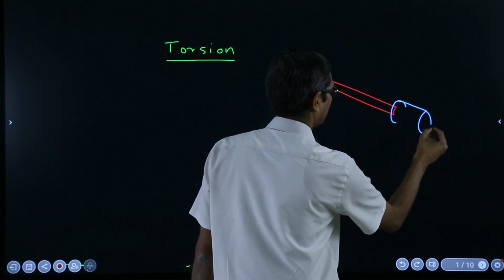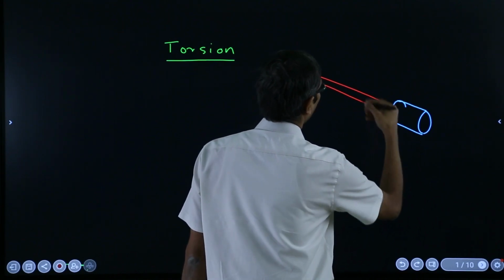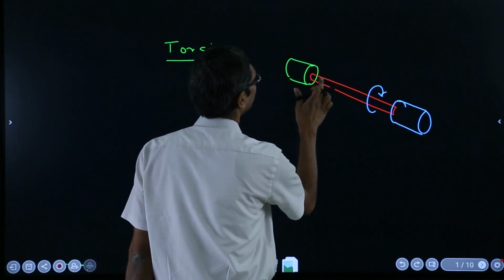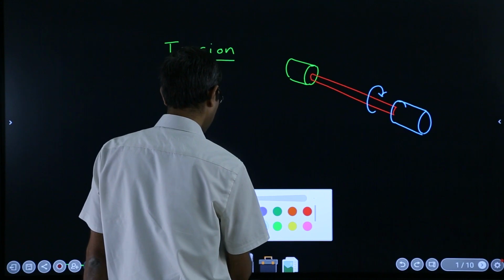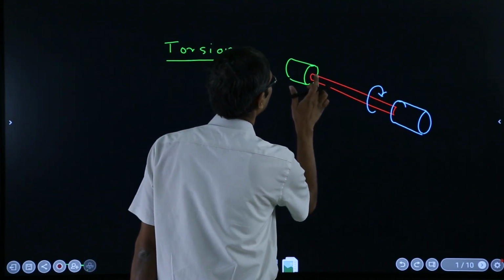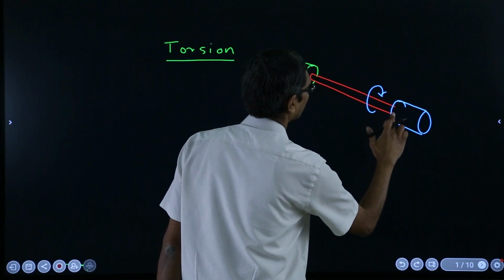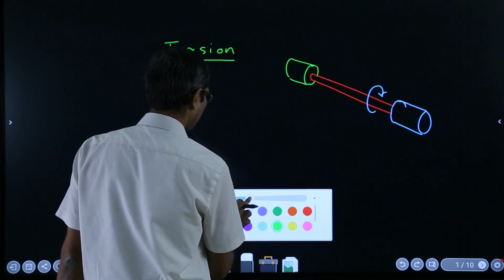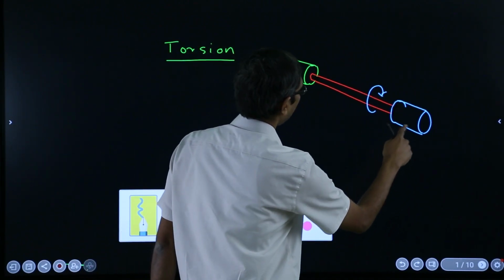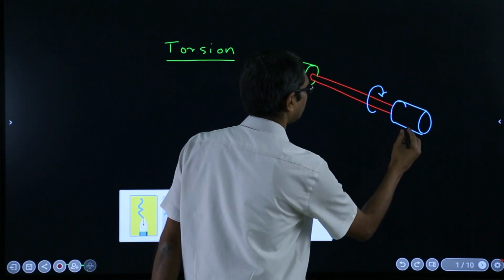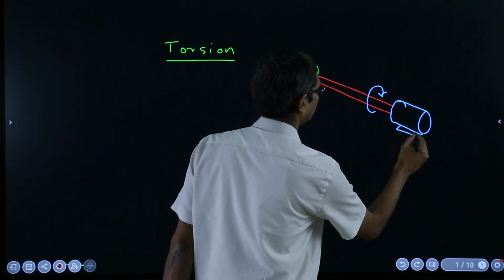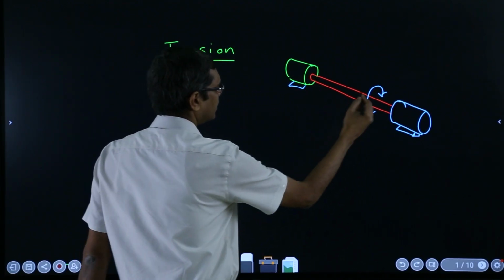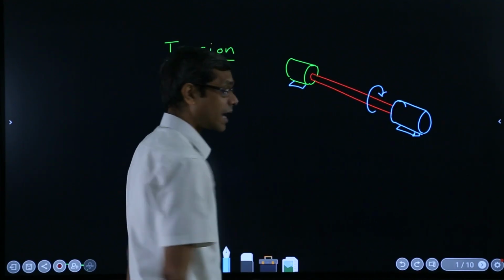So this motor drives this maybe in this direction. Now suppose this is grounded, and it is trying to rotate this, drive this.